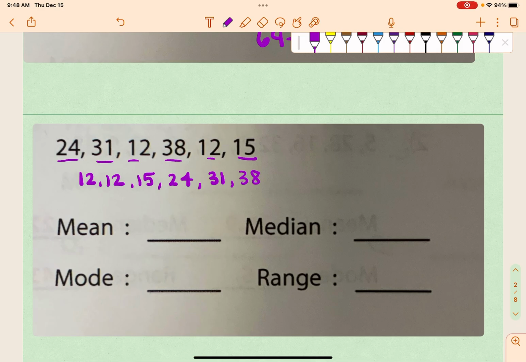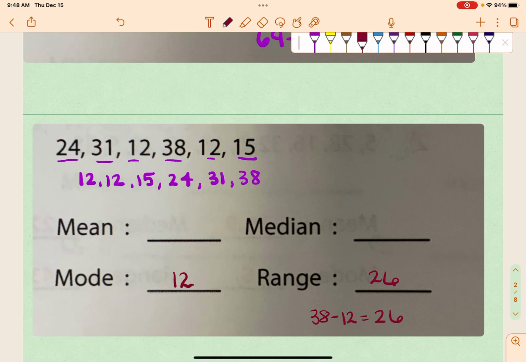Now I've got them arranged. Highest number is 38 and smallest is 12. So 38 minus 12 is going to be 26. That's your range. Now, the mode in this one I actually think is easier than the last one. This is the only number that repeats more than once, so that means your mode has to be 12.